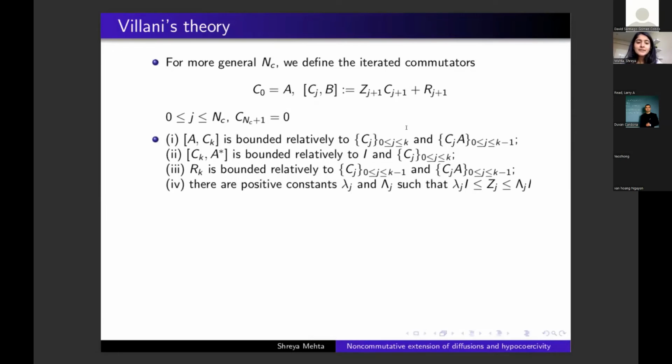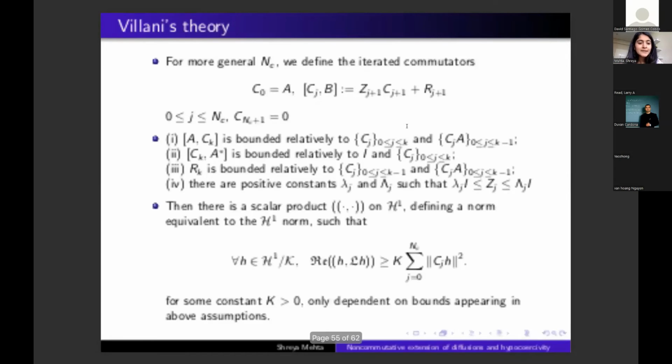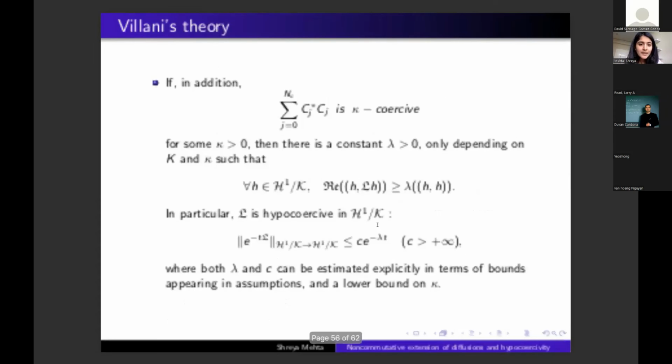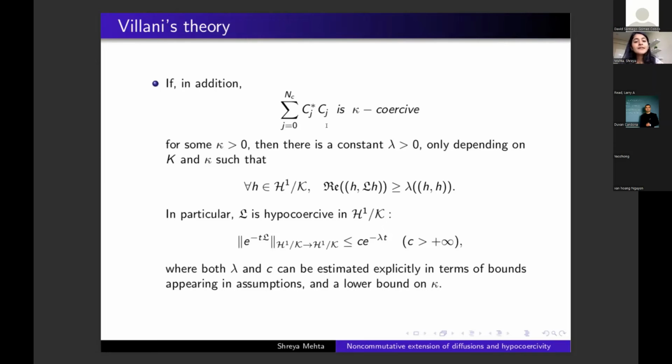Then we can generalize the hypothesis which was there for nc equal to 1 to this general nc, and similarly the condition for the scalar product on this space. And again here, if the sum of the Cj*Cj is coercive, then we can prove that this generator L is hypercoercive on the space H^1 by K, which is continuously and densely embedded in the orthogonal complement of the kernel.